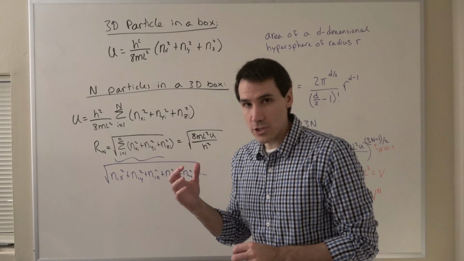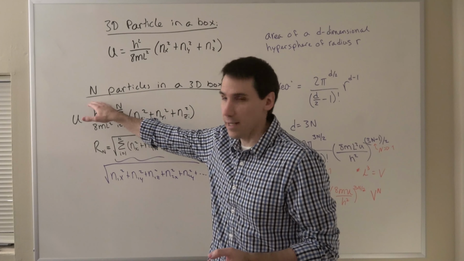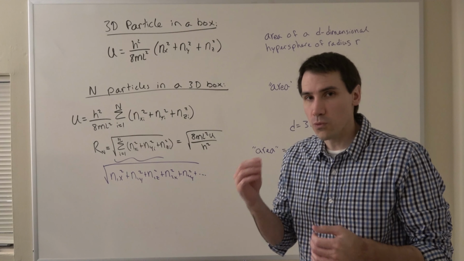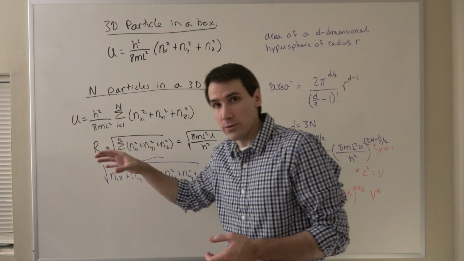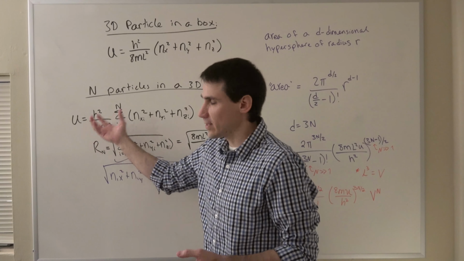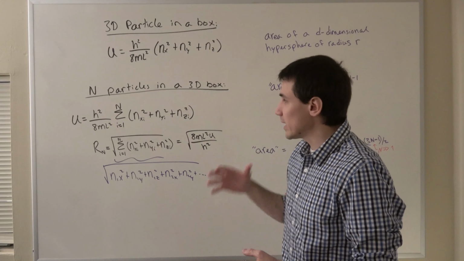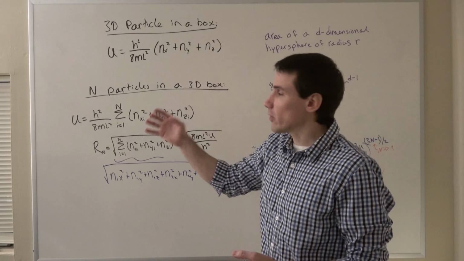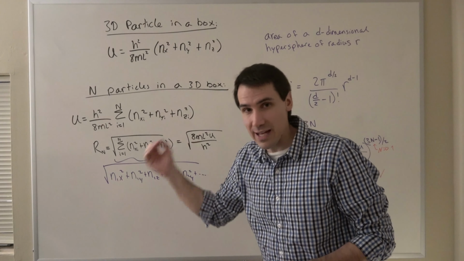Now, imagine instead of one particle, we have big N number of particles, some macroscopic number of particles. Then our energy looks like the sum of the energy of each particle individually. Each particle has its own unique nx, ny, and nz values.